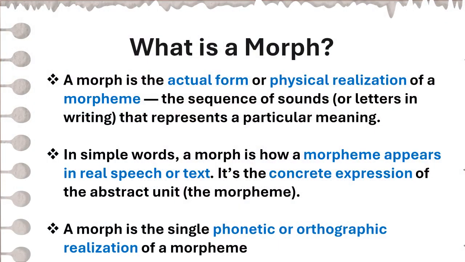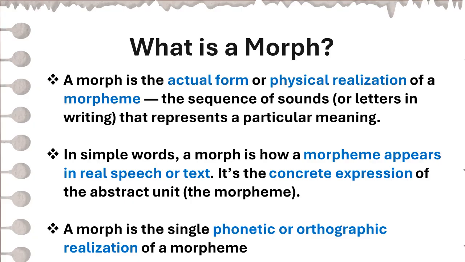Let's begin by understanding what a morph actually is. A morph is the actual, real form or physical realization of a morpheme. It's the sequence of sounds, or letters in writing, that carries a particular meaning. In simple words, if a morpheme is an abstract idea or meaning, then the morph is how that idea appears in real speech or text.